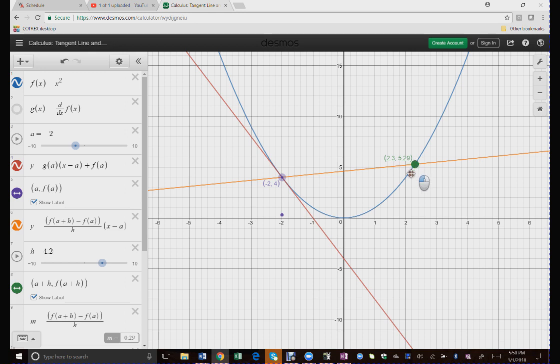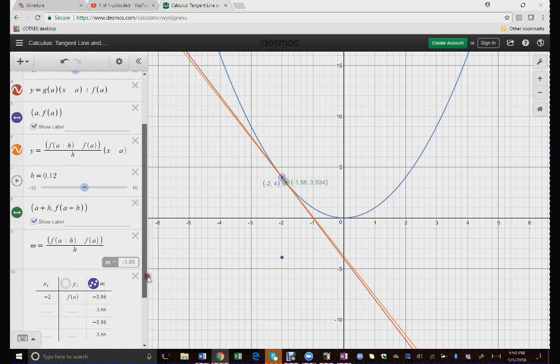And again, my secant line, as I move closer and closer and closer to that point, begins to look more and more like the tangent line. And we can use the slope of the secant line to estimate the slope of the tangent line at negative 4.